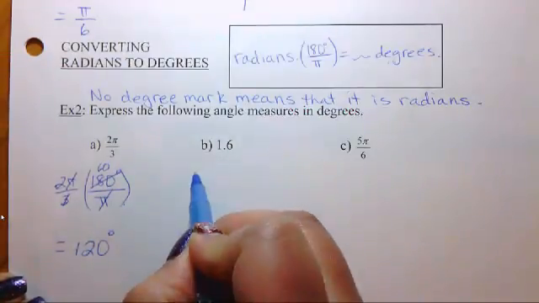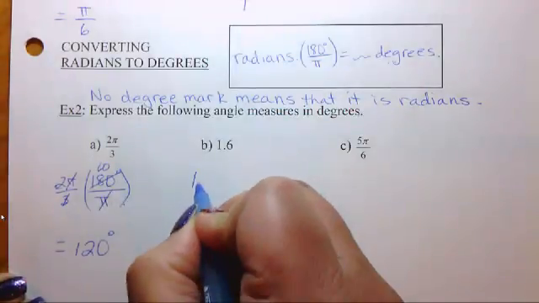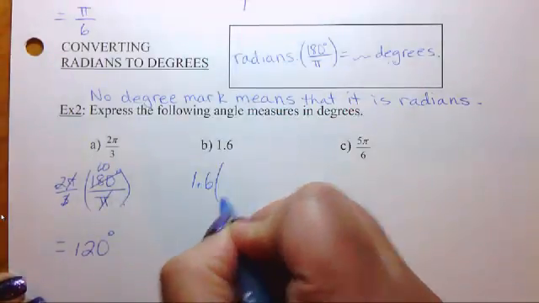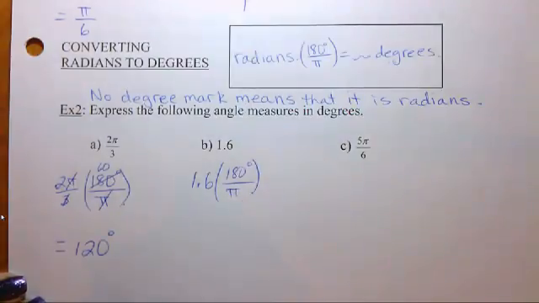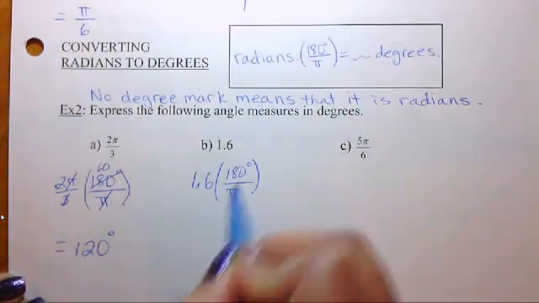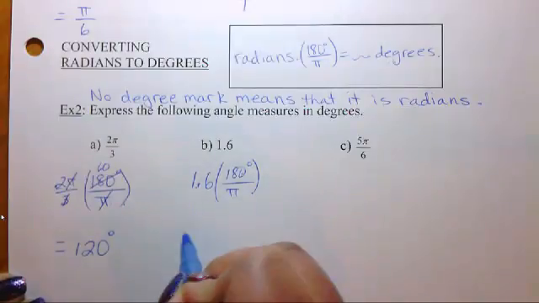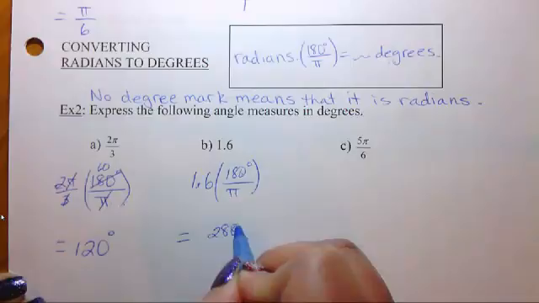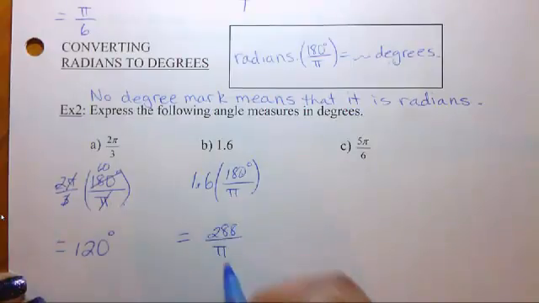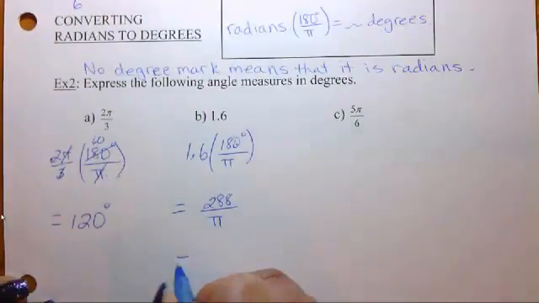So for this 1.6, it's not really too friendly to reduce out without using a calculator. So for this one, you're going to have to just multiply the 1.6 times the 180, and then you end up with 288 over pi, and you could also write that as a decimal.